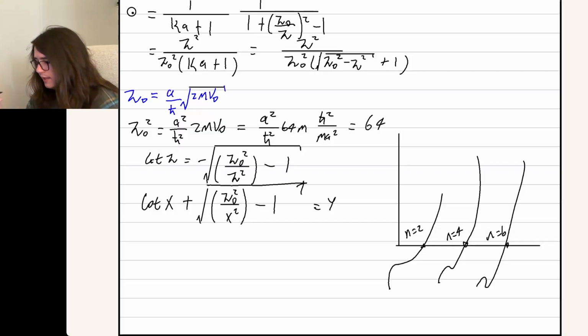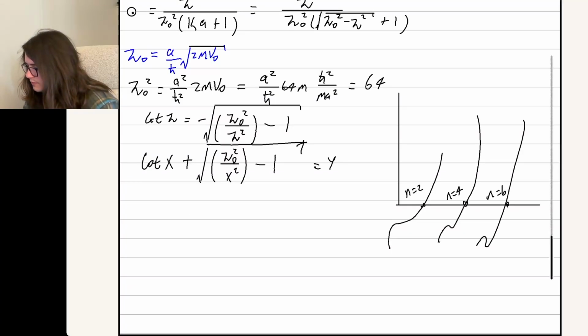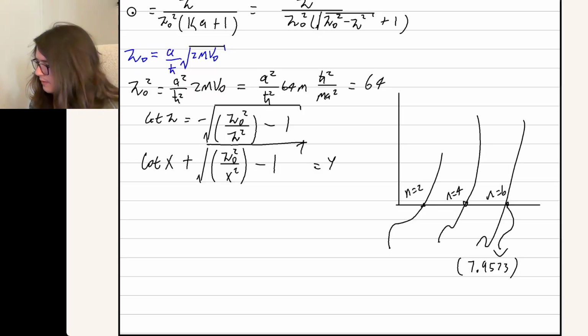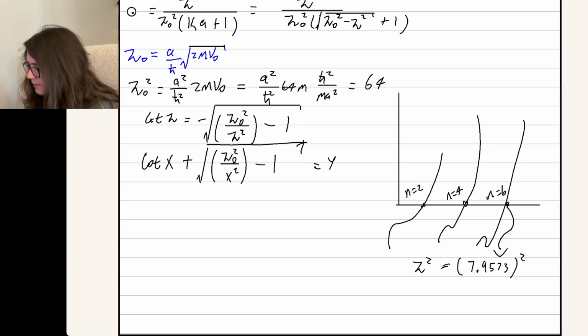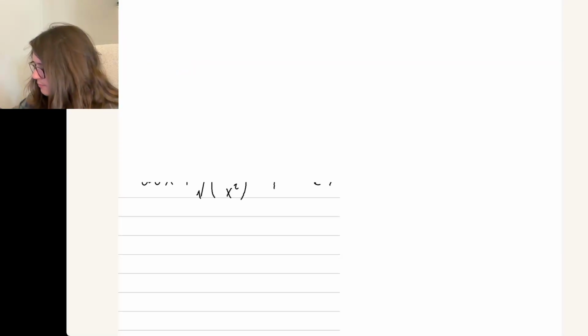And you want the highest energy thing according to the problem statement, so you use the n equals 6 solution, which I found was about 7.9573. So if you square that number, that's going to give you z squared to plug into here.